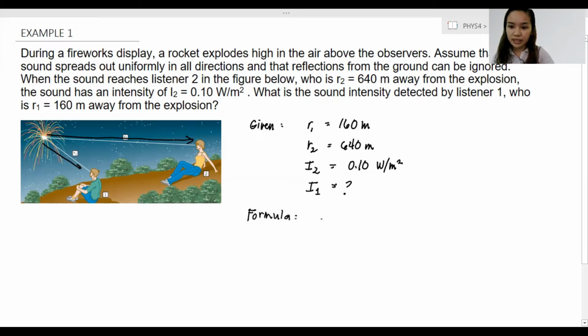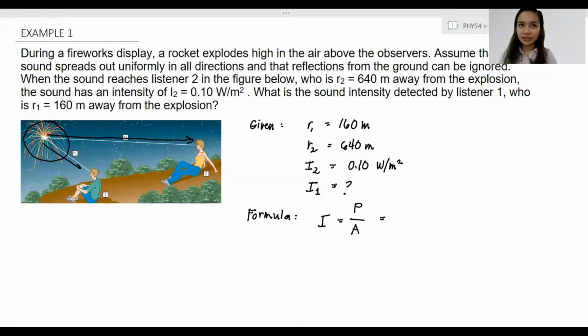Now for the next step, we have our formula for sound intensity. Indicate it as I equal to power over area. So for the area, we use the surface area of the sphere, since we are assuming that this explosion looks like a sphere.